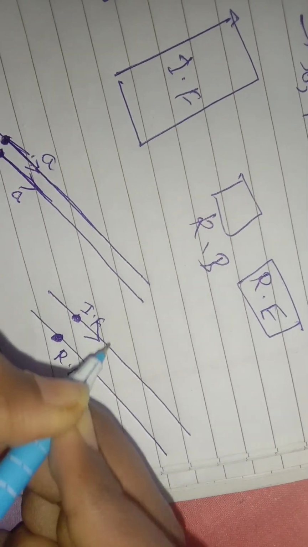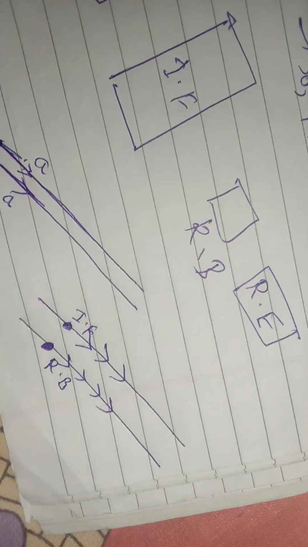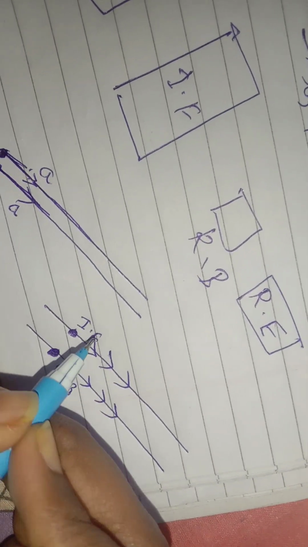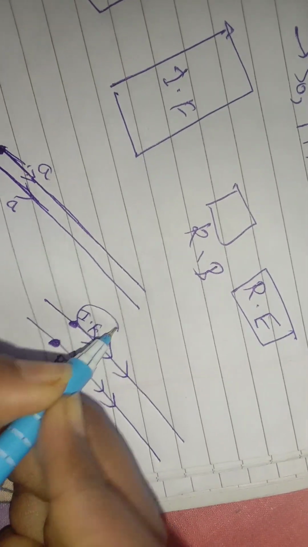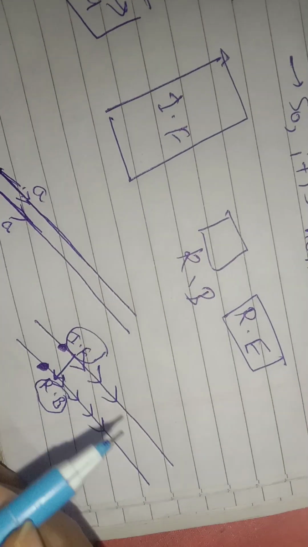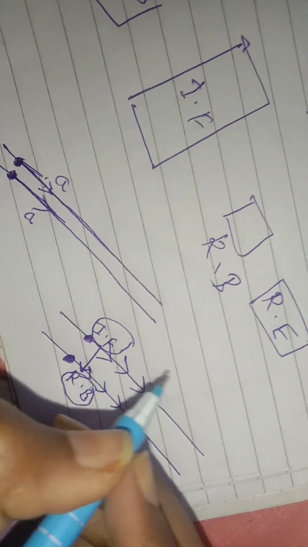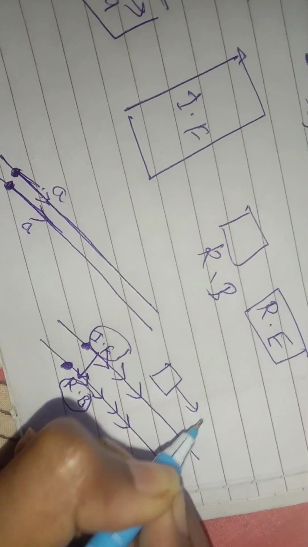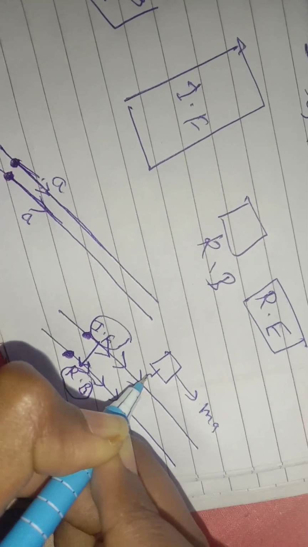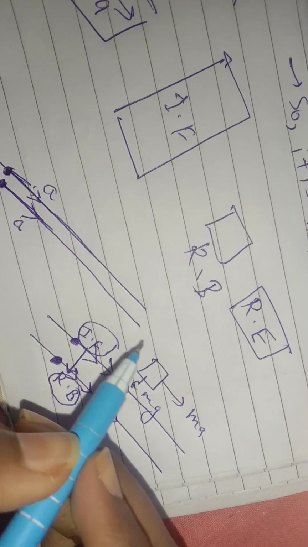If this is also going in this path and this is also going, and if we see this rigid body from this frame, we will see that the body is in rotational equilibrium but not in translational equilibrium. Thanks.